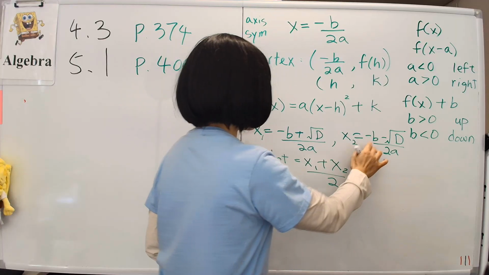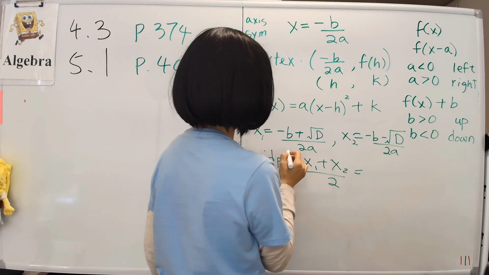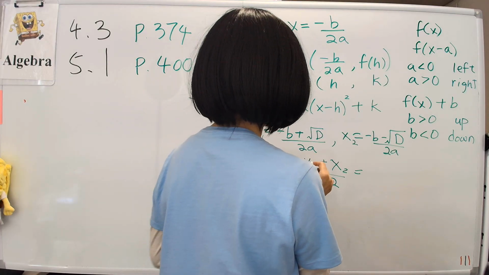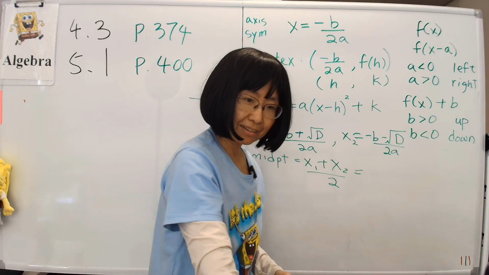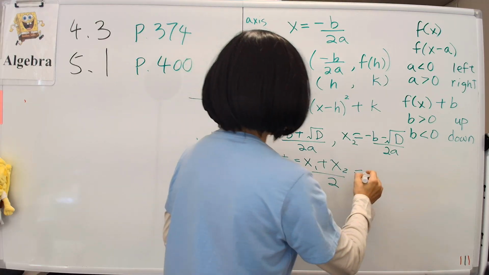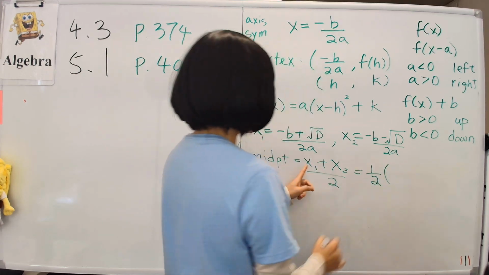And that value is equal to, let's add these two things together, so we have 1/2, the 2 here, times x1 plus x2.